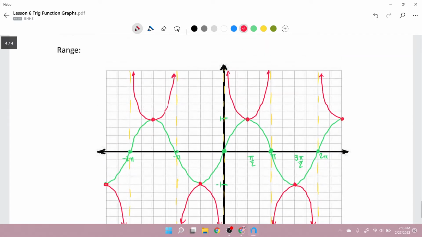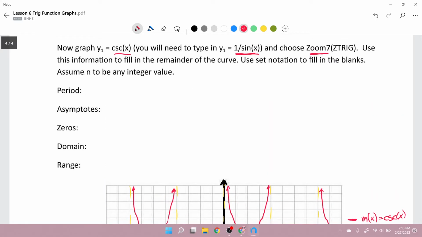All right, look at that. So everywhere where you see the red is our m of x equals cosecant of x. That's our cosecant of x function. Isn't it just lovely? All right, let's go up and fill out our chart.